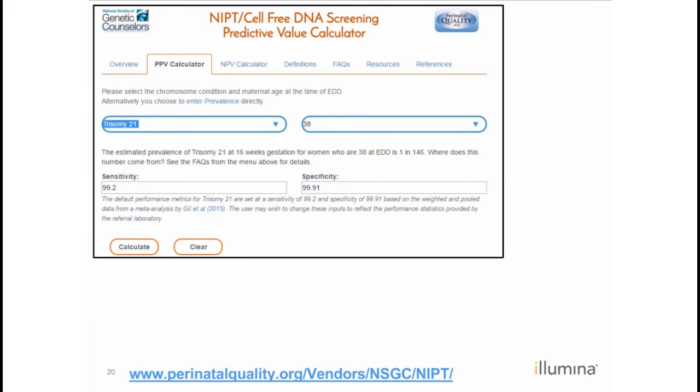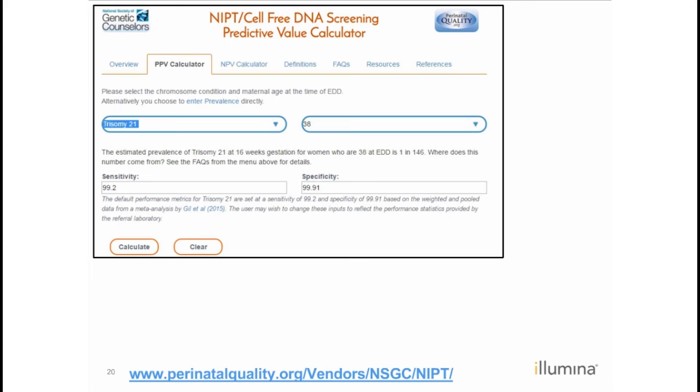The Perinatal Quality Foundation NIPT predictive value calculator can be used to help providers calculate a PPV. This online tool provides providers an option to select a chromosomal condition and the maternal age at delivery to establish a prevalence, or providers can input specific prevalence, say based on a quad screen or first trimester combined screen result.